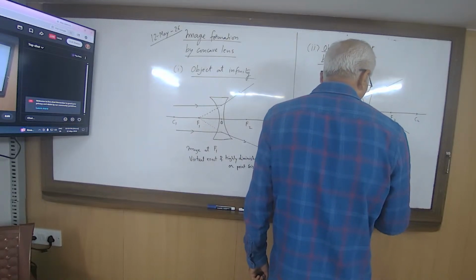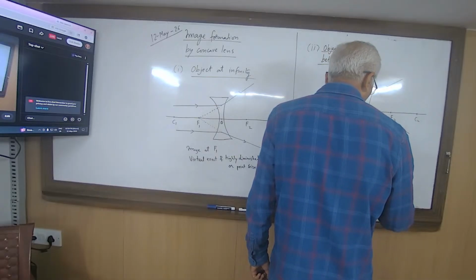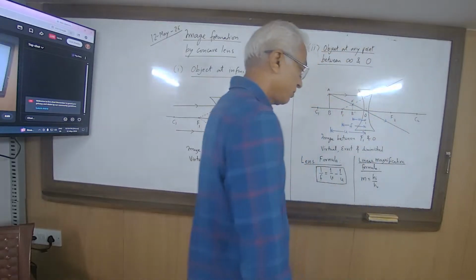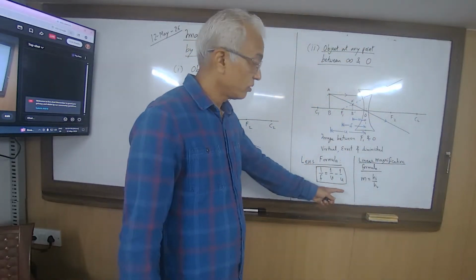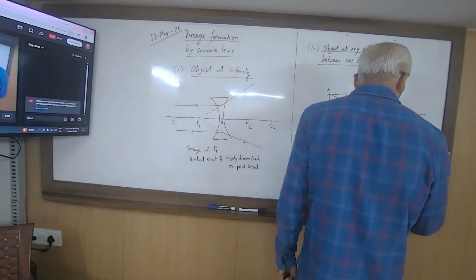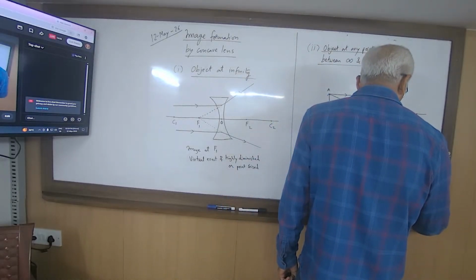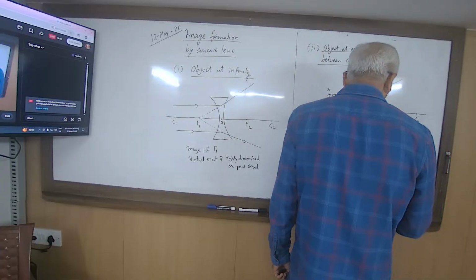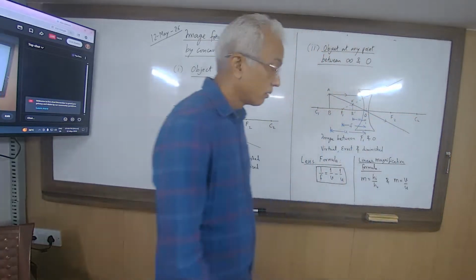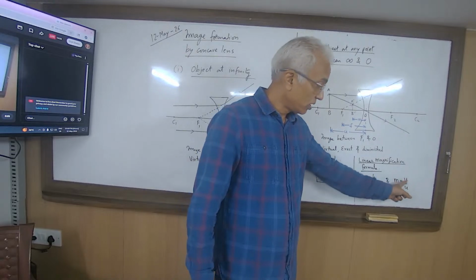Linear magnification symbol is m, and it is height of image divided by height of object, I mean size of image upon size of object. M is also defined as v by u. These are 2 formulas. For a mirror it was minus v by u. Now minus becomes plus.